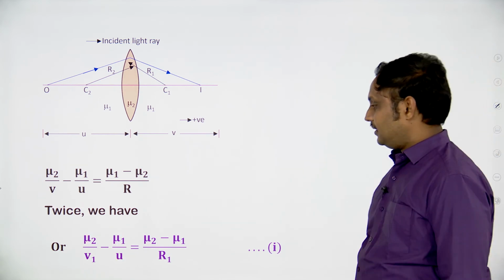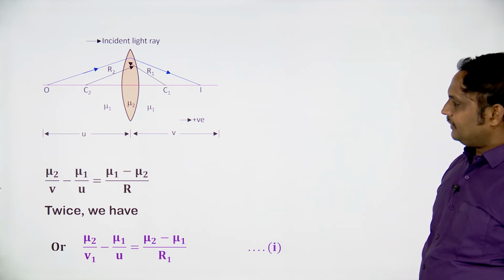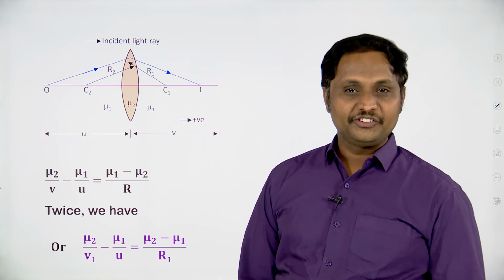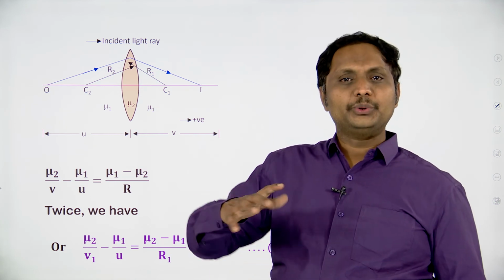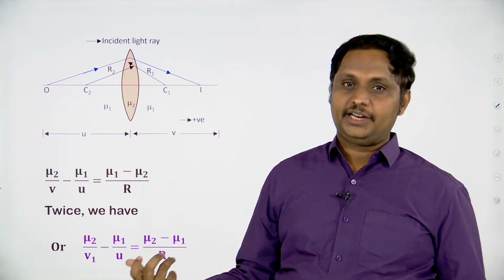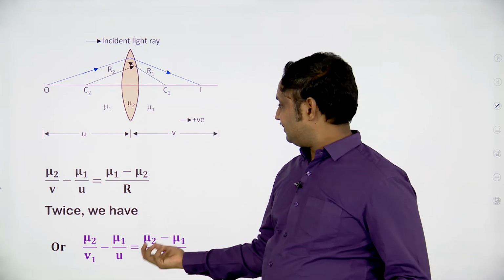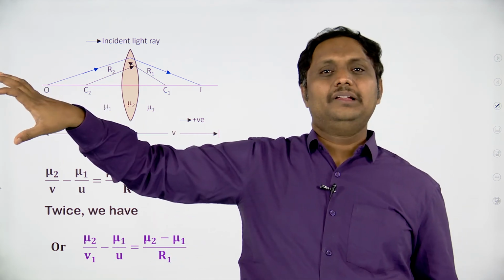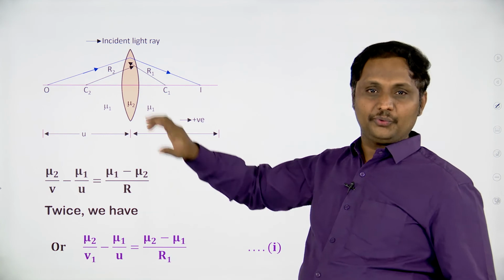Let's have that. We would like to go for V1. It's going to be the image distance formed due to the refraction of light rays by the first refracting surface. It is going to act as an object for the second curved refracting surface.